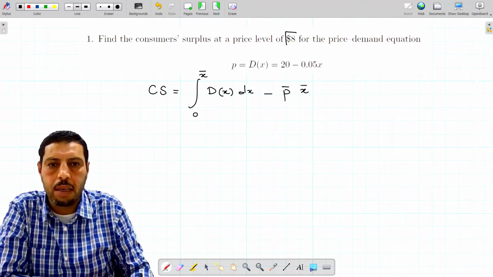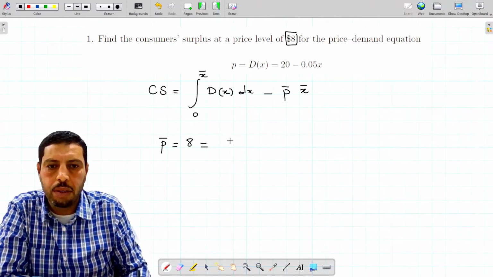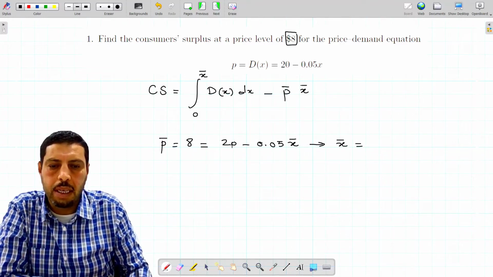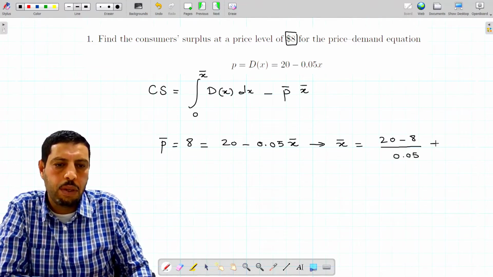The price is $8, so p bar is equal to $8. It's equal to 20 minus 0.05 x bar, so x bar is equal to (20 minus 8) over 0.05, which is equal to 240.